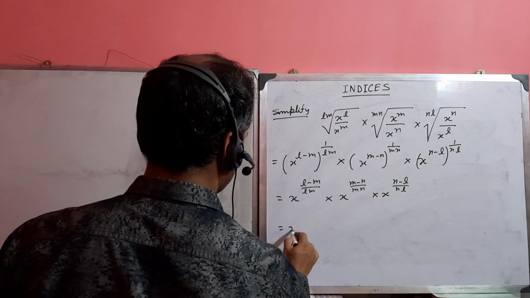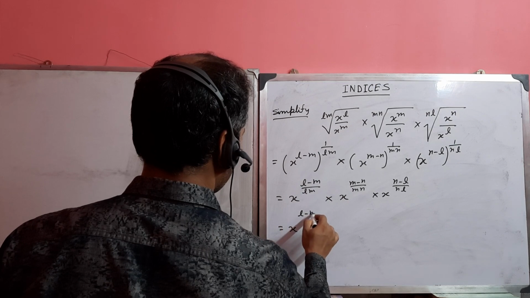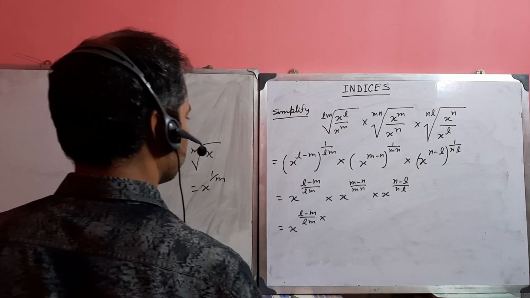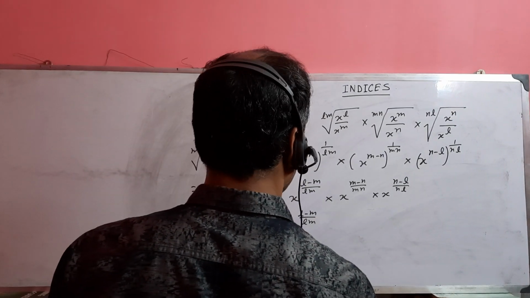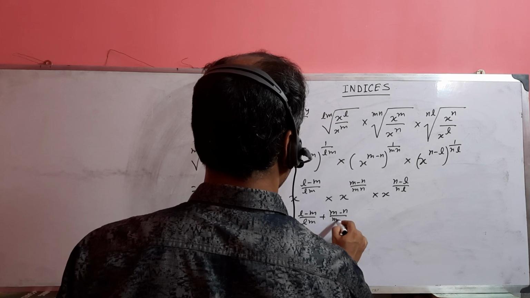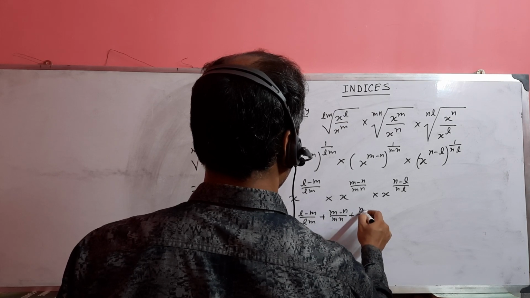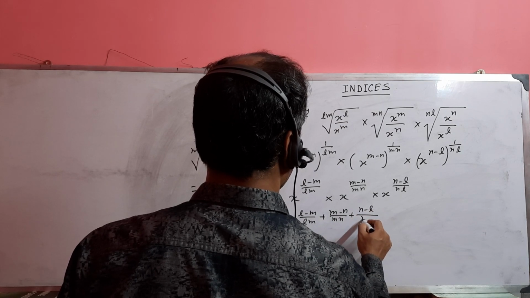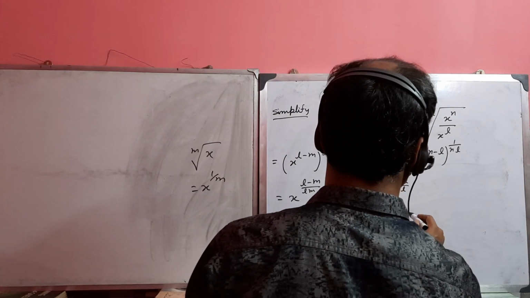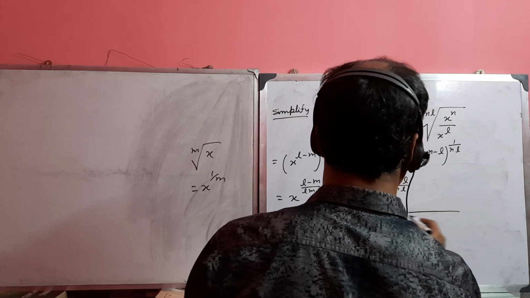So x to the power l minus m by lm plus m minus n by mn plus n minus l by nl. So this becomes, the LCM being lmn.